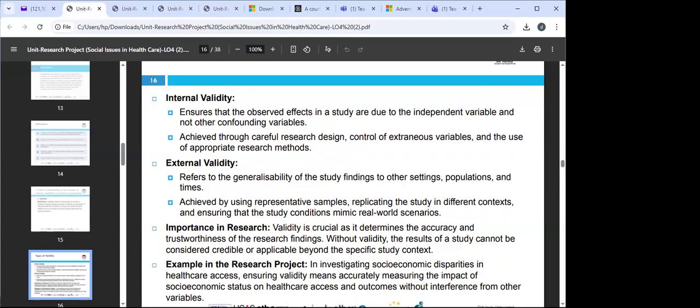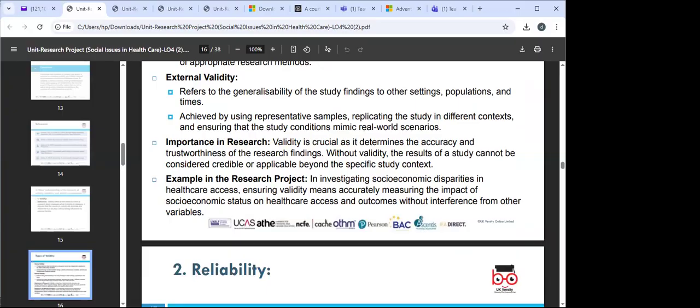The external validity looks into generalizing study findings to other settings, populations, and time. So the external one looks at, as I mentioned, the populations, the external factors, and all that. But the internal one looks more into independent variables, achieved through careful research design, rather than the external ones. What is the importance in research?